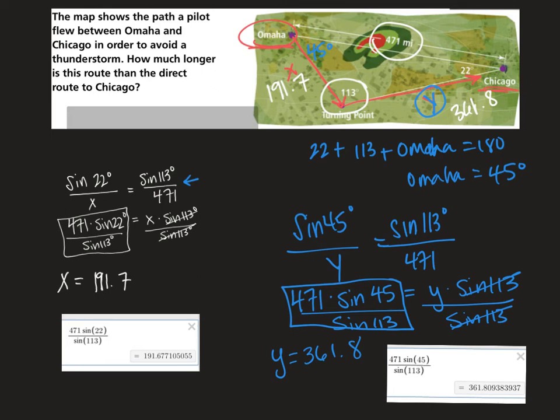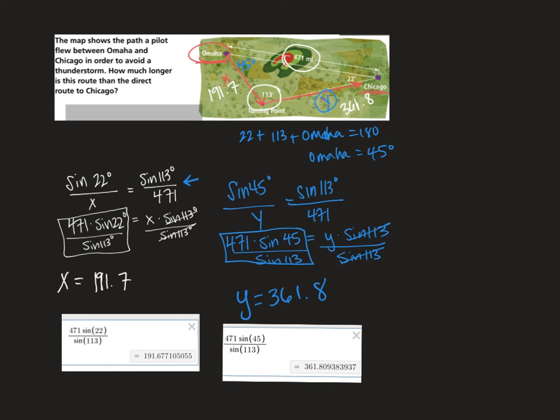So now we have to do a little bit of interpretation of what's going on. Last thing I'm going to do is look at the total path that the airplane flew, which was 191.7 plus 361.8. So I'm going to use my calculator to come up with that total.